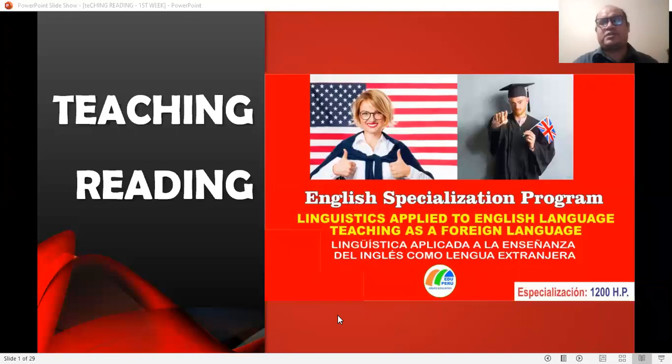Now we are going to start talking about the different skills that we develop when we learn or when we teach a language. And we have four. So today we're going to start with one of these skills, the reading skill.